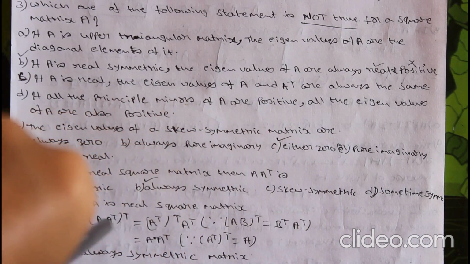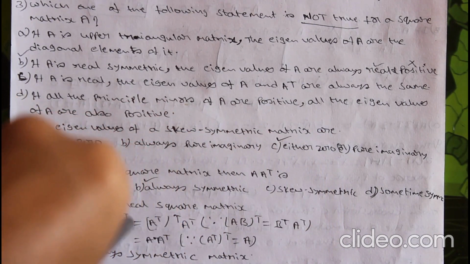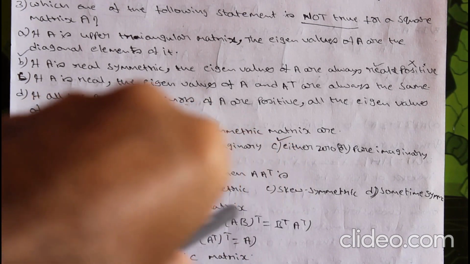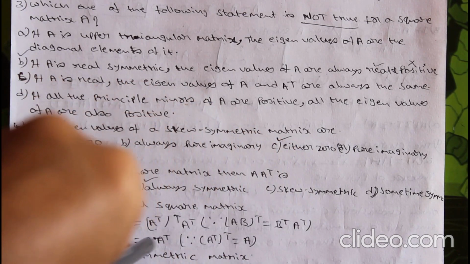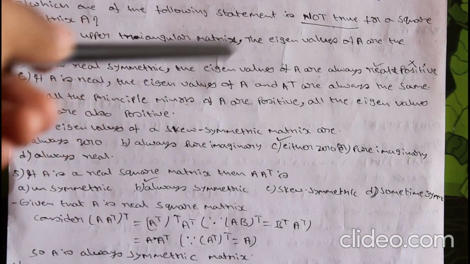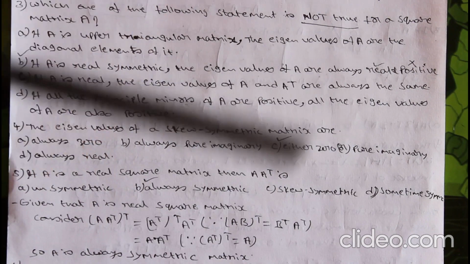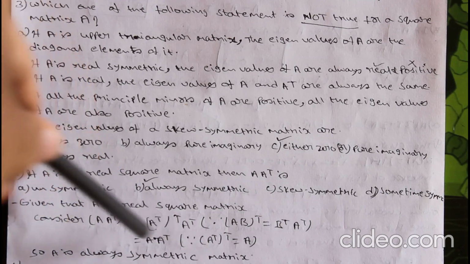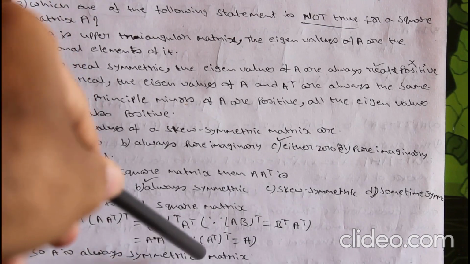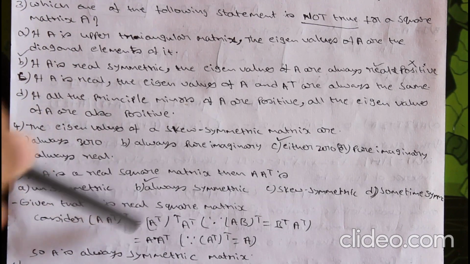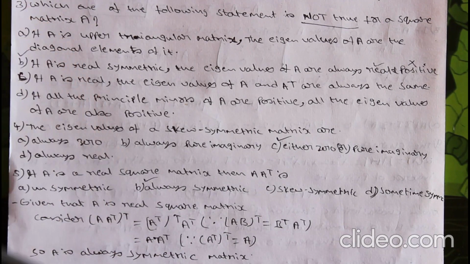Now A transpose whole transpose is nothing but A. Once you interchange the elements above and below the diagonal elements, and again transpose it, the elements will be restored and that will become A. So we got A into A transpose whole transpose is equal to A into A transpose. That means it is always symmetric.